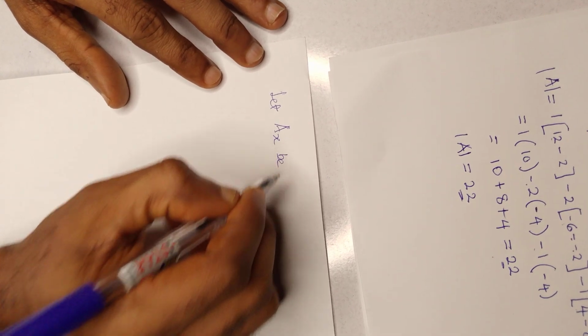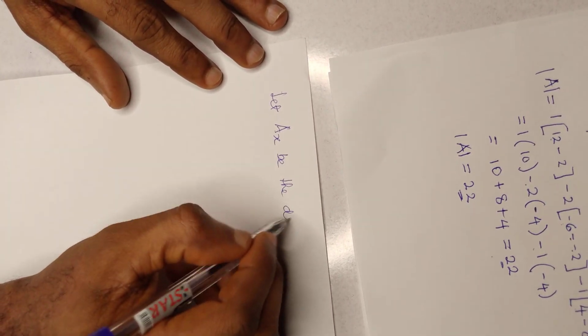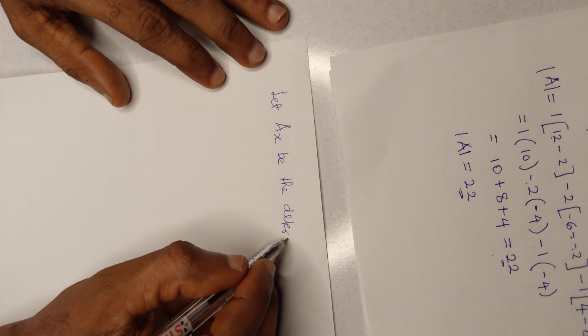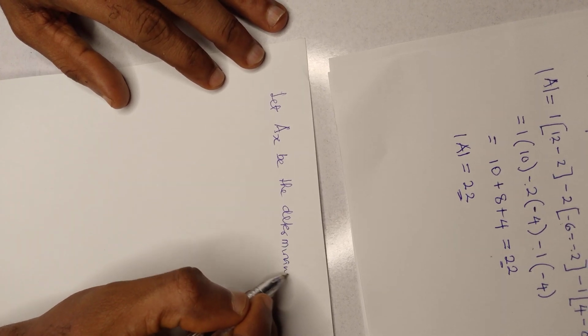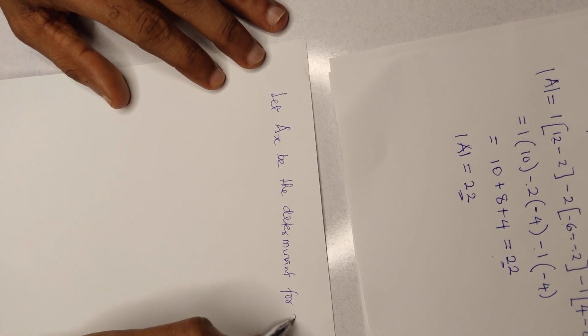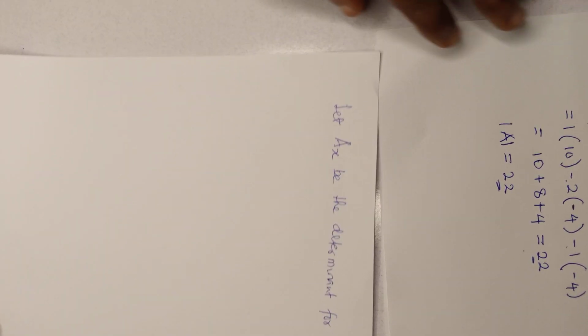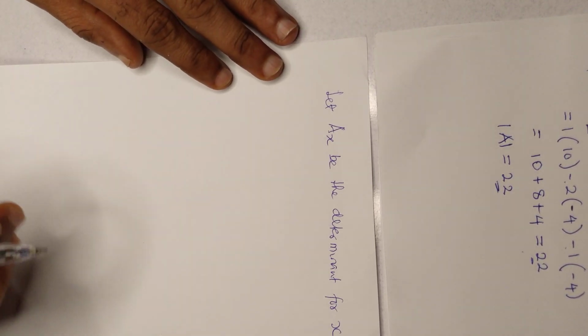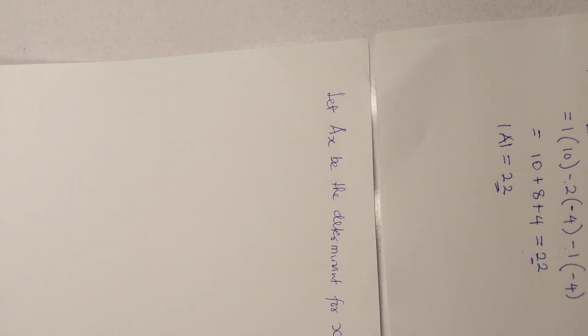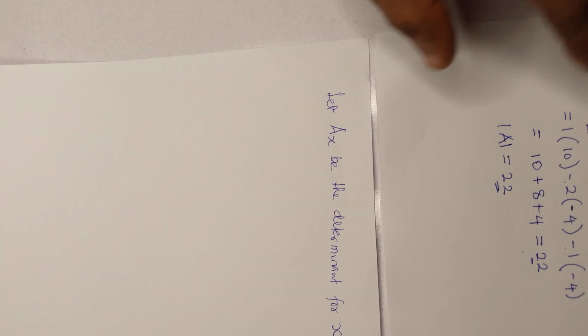Let AX be the determinant for X. Okay, so we've made that mathematical statement. Let AX be the determinant for X. Now this is the logic.